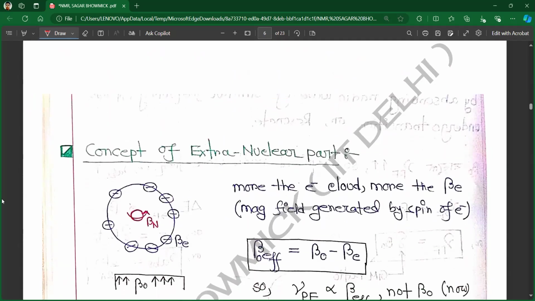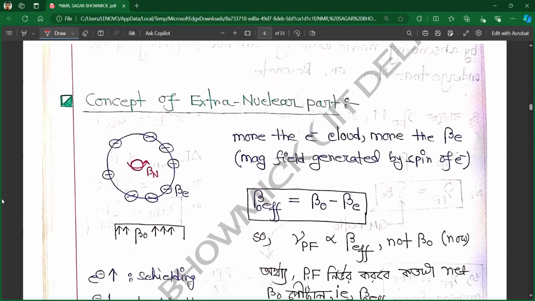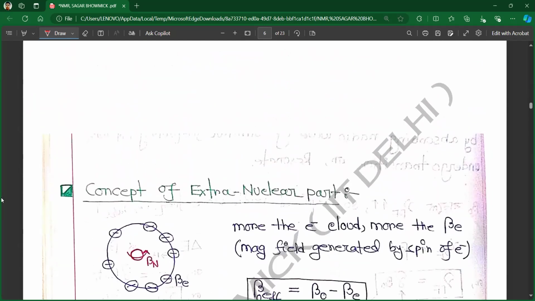Now, the concept of extra nuclear part. Now we have understood what happens in the nucleus. If we summarize it: initially, when there is no magnetic field, the nucleus is in a degenerate state. When I apply an external magnetic field, this splits into two states, alpha and beta.